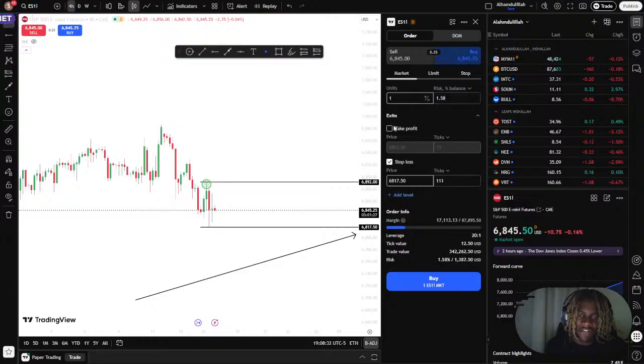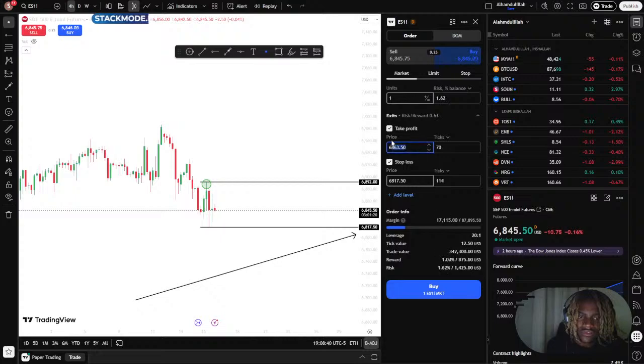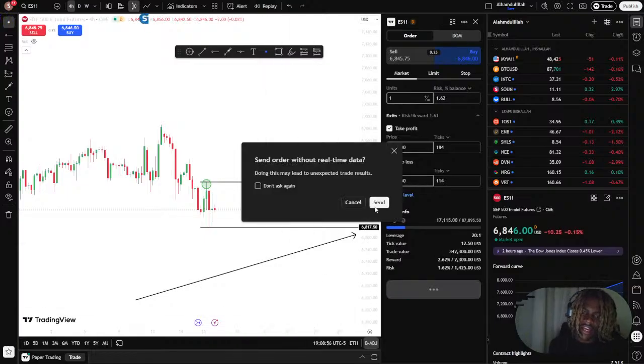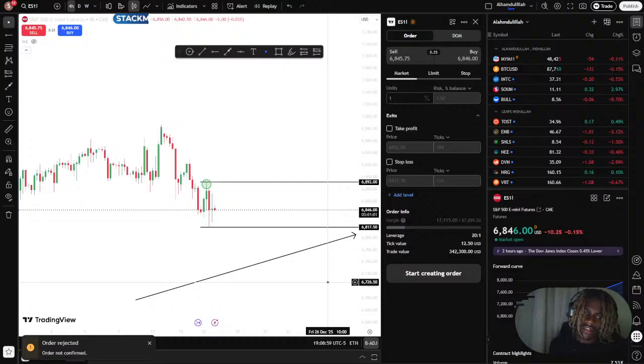Then I can set my take profit if I want to close at this area of resistance up here: 6,892.00. So now I have it both set. I set my take profit and I set my stop loss. Then from here, I can just go ahead and click buy. Or what do you mean, sir? Because your take profit and your stop loss are set.